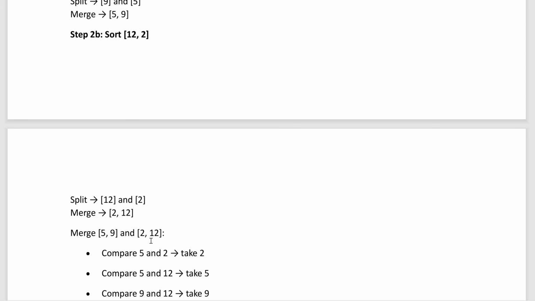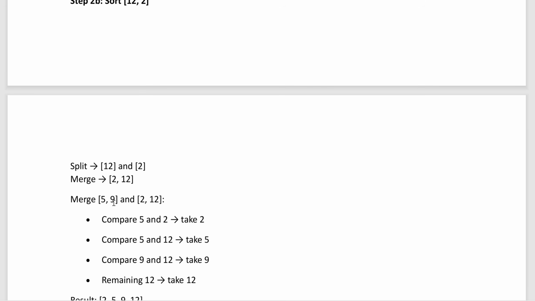Then we compare 5 and 12, right? We compare each element of the first array with each element of the second array. Comparing 5 and 2, we take 2. 5 and 12, the lesser is 5, so we take 5. Then we compare 9 with 12, and the lesser is 9, so we take 9.